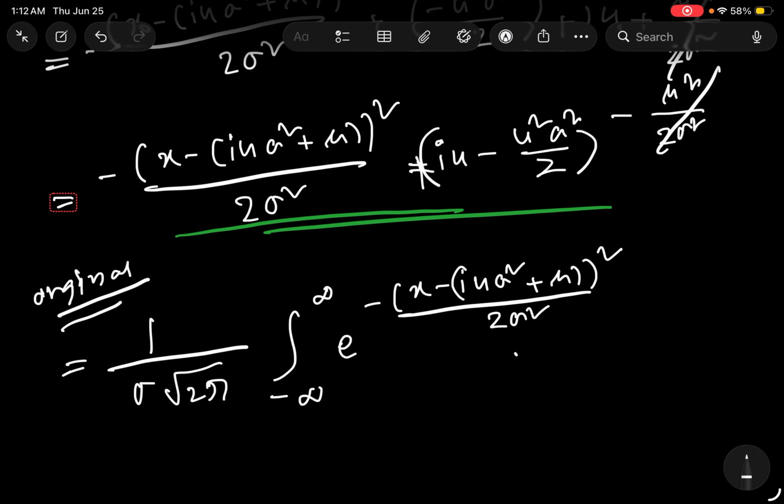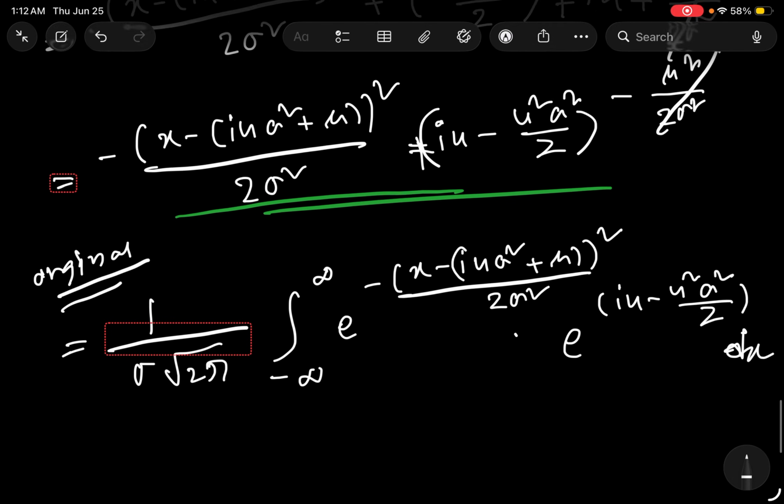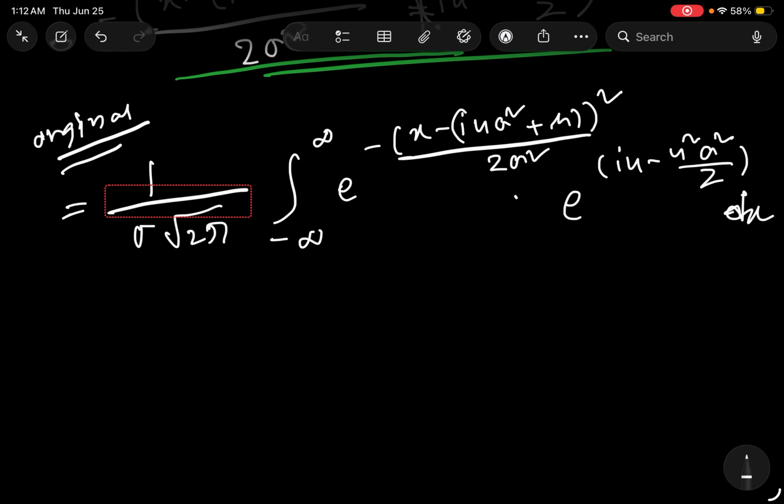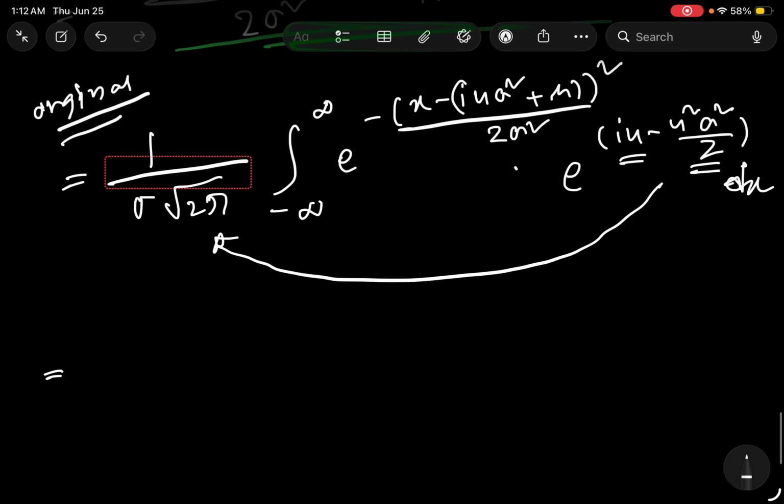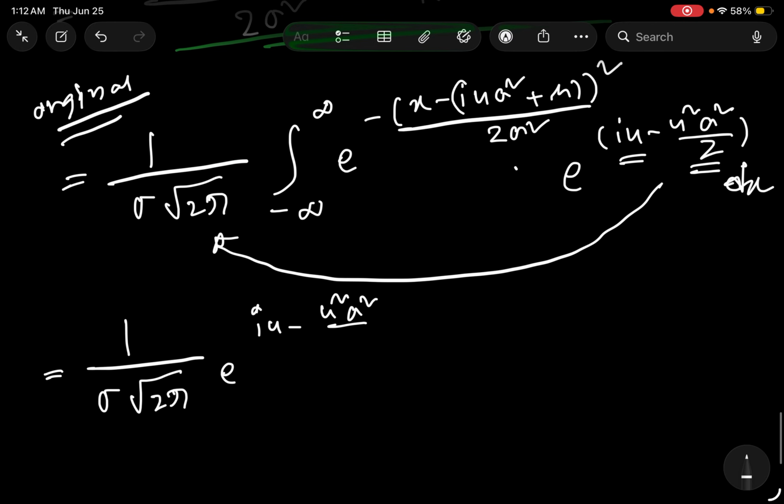This is plus, so you can divide it and write like this. Similar principle of e to the power a into e to the power b is equal to e to the power a plus b. Then you have dx. Now if you see, these are all constant, meaning this can be pulled out of the integral. So this becomes e to the power i u mu minus u square sigma square by 2, times the integral of this.